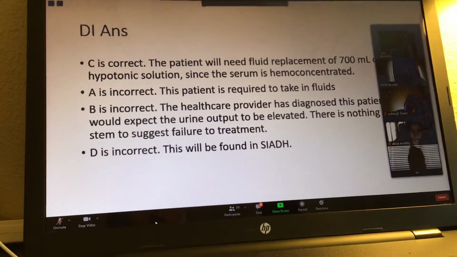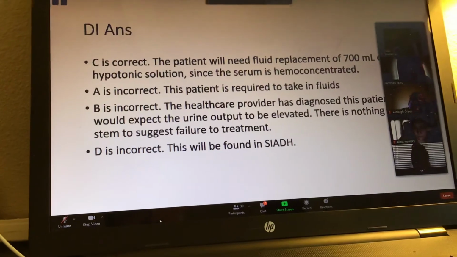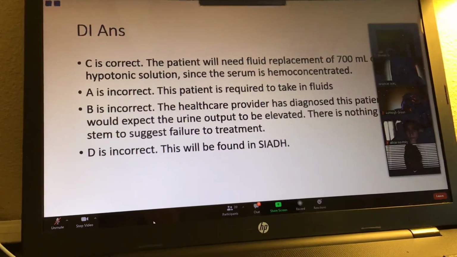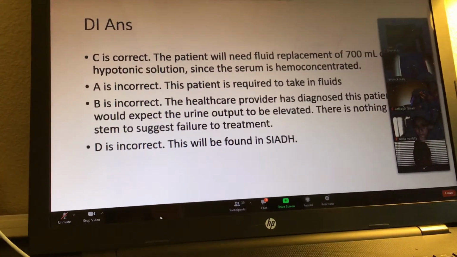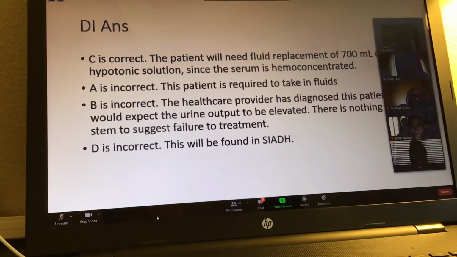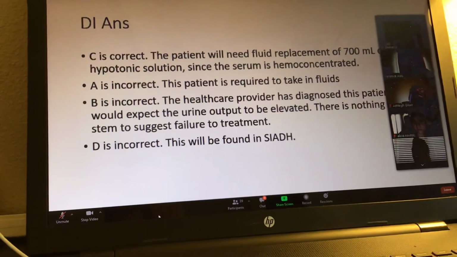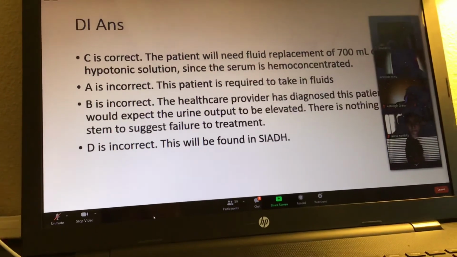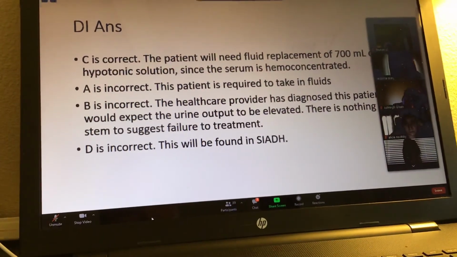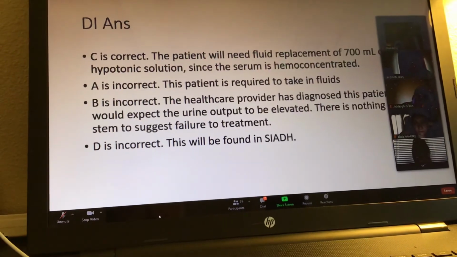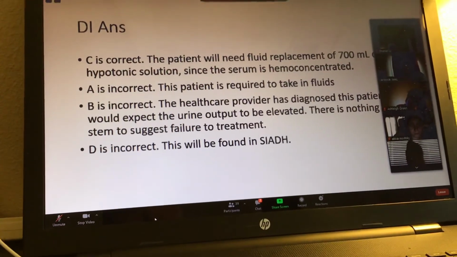So sometimes you need to use a hypotonic solution, like half normal saline. If the replacement was 500, maybe people can drink 500 milliliters. 700, maybe they can, maybe they can't. I don't know. So this patient is hemoconcentrated.